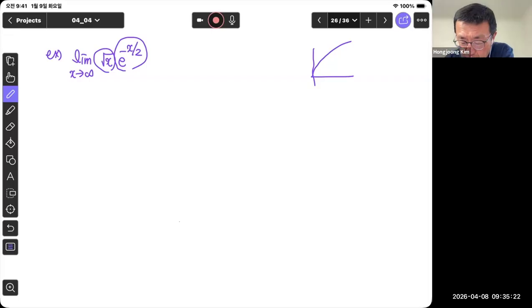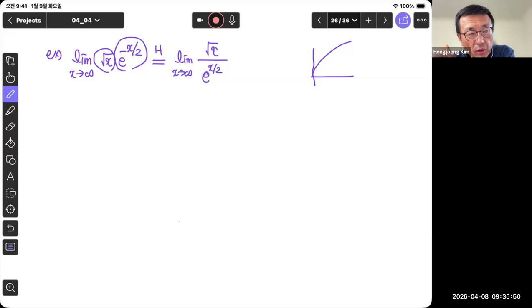So I can apply L'Hopital's rule. If I move one of these two functions into the denominator, I will keep this square root of x in the numerator, and if I put e to the negative x over 2 into the denominator, you get e to the x over 2. And then you let x go to infinity.